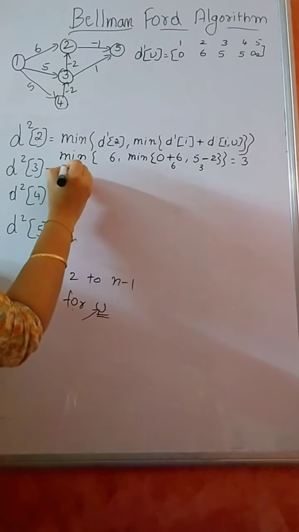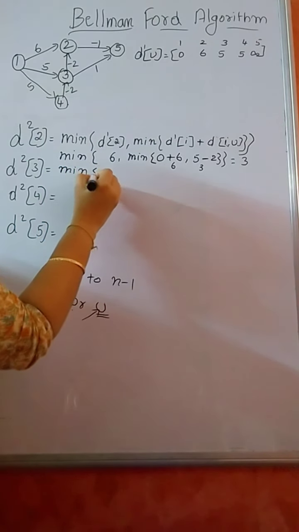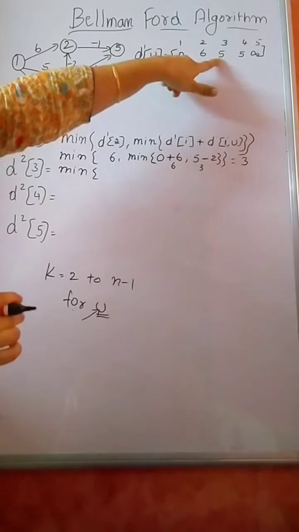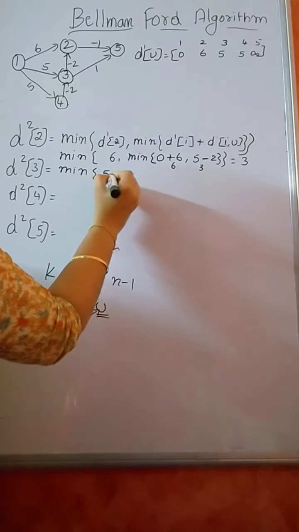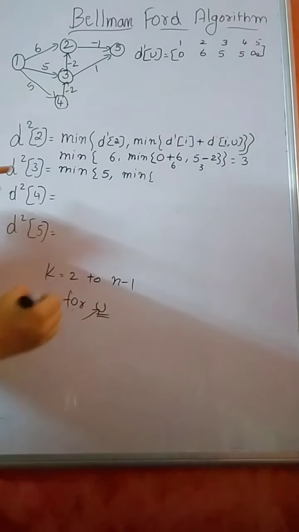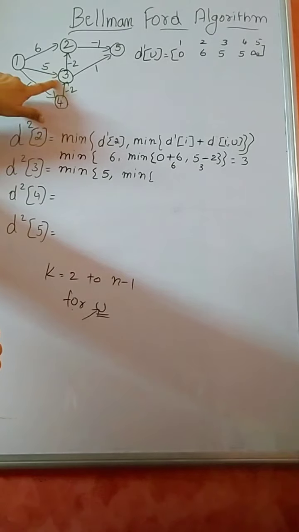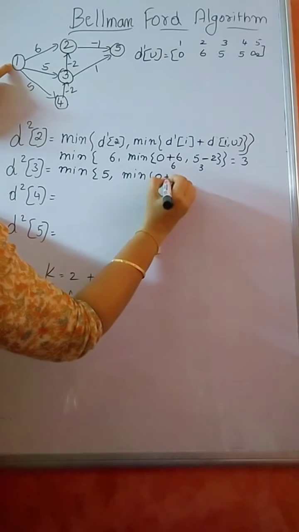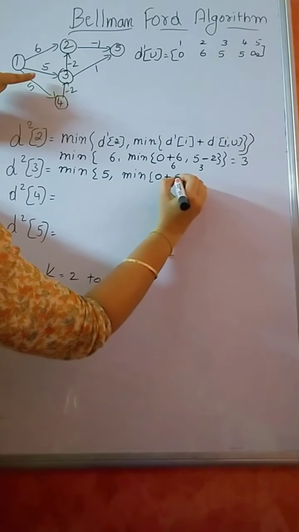Again, I will not write the formula. It is min of, what is the previous distance to 3? 5. Now min of, for each of the incoming edges you need to do. How many incoming edges are there for 3? 2 incoming edges are there. One is from 1, so distance till 1; the distance from 1 to 3 is 5.